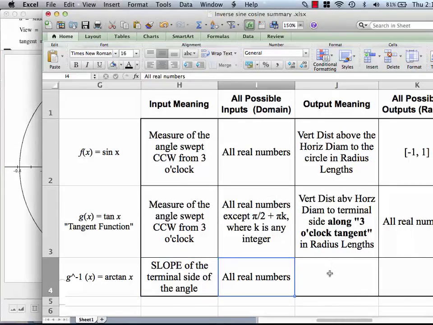What's the output going to mean then from arctangent? Joe? So the slope of the terminal side is the input of arctangent. What will the output be?